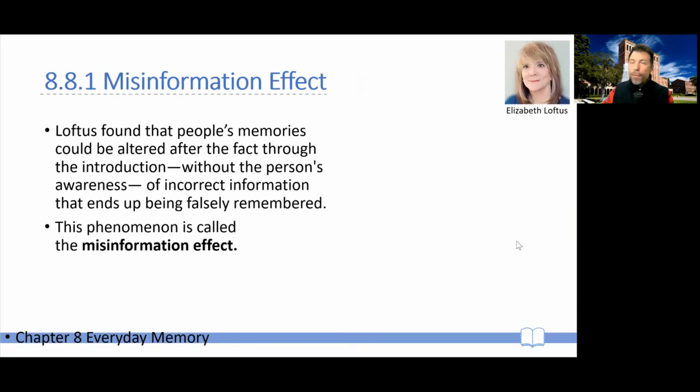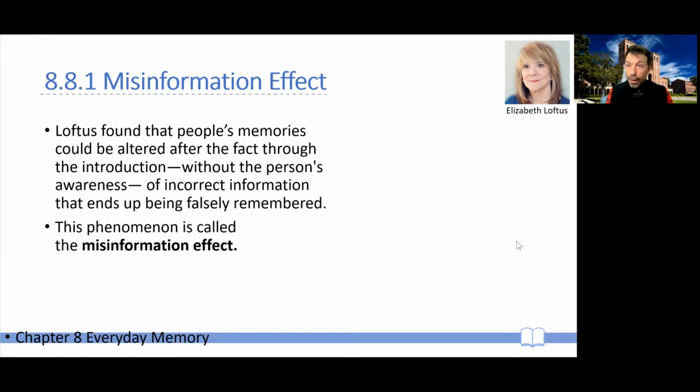Now, perhaps the most famous scientist in this context is Elizabeth Loftus. She has done milestone after milestone experiment to demonstrate how tricky our memories are. And she's particularly interested in the context of application to eyewitness memory.